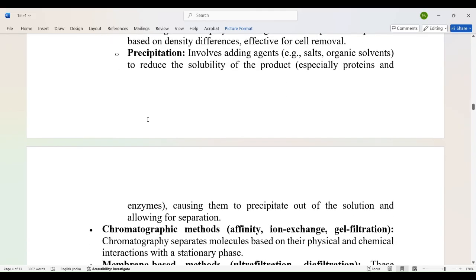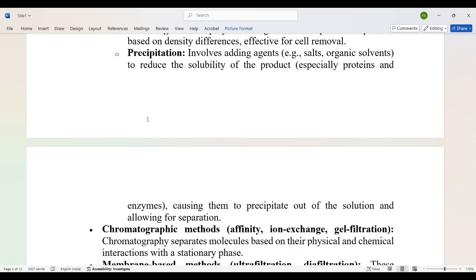And precipitation. If any of you have performed enzyme purification, you might know the very basic process named ammonium salt precipitation, wherein we make our mixture rich in salt concentration, which helps a particular enzyme to come down and settle as precipitate.